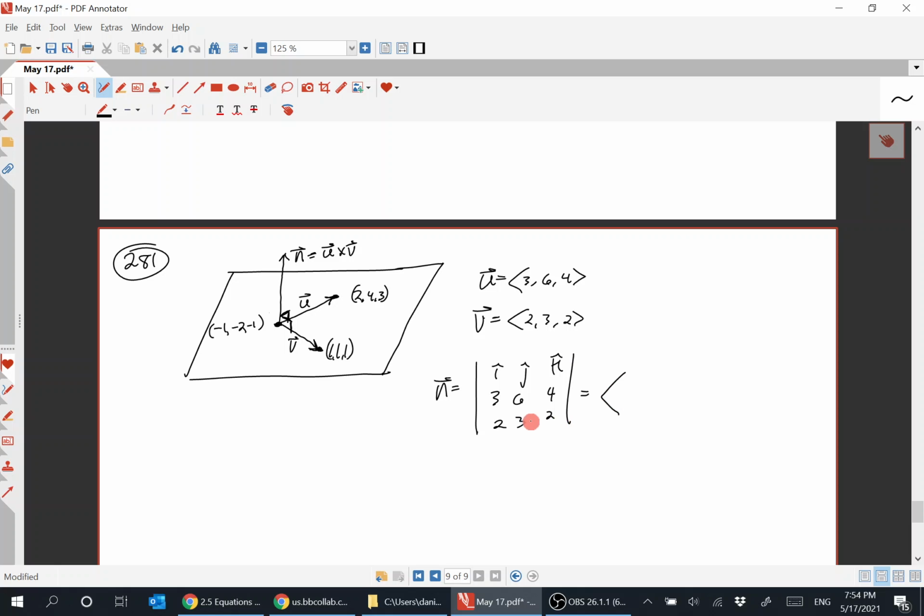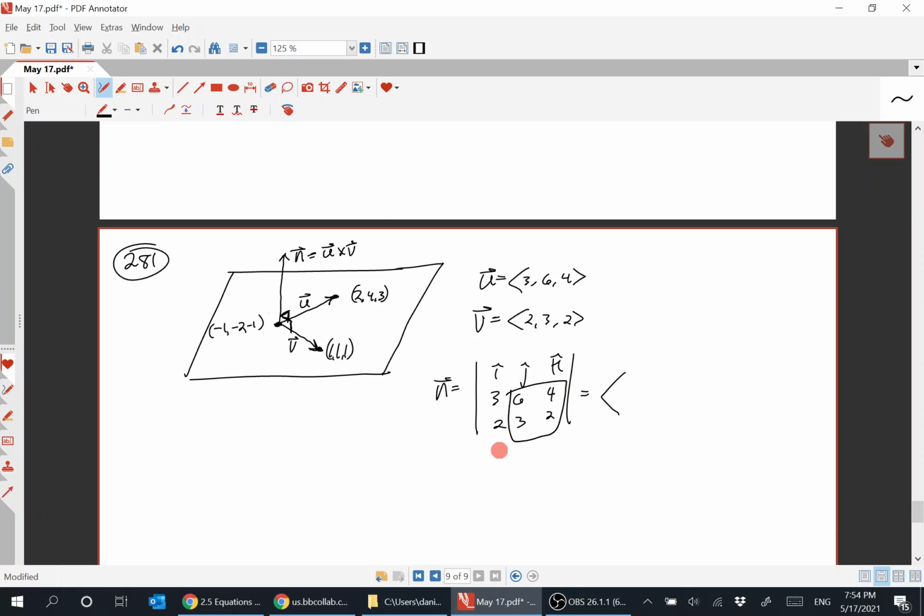So first, this 2 by 2 determinant: 9 minus 12 is minus 3. And then this 2 by 2 determinant negated: 6 minus 8 is minus 2, negated is 2. And then, whoops, I did that wrong, didn't I?